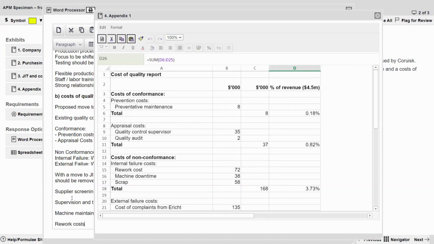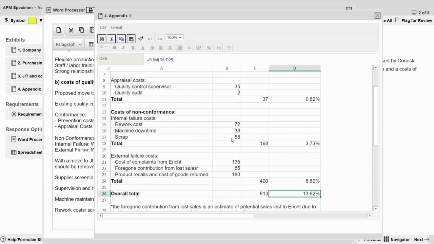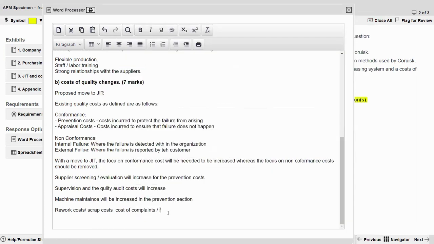The rework cost, scrap cost, cost of complaints, foregone contributions, and the product recalls will reduce significantly.